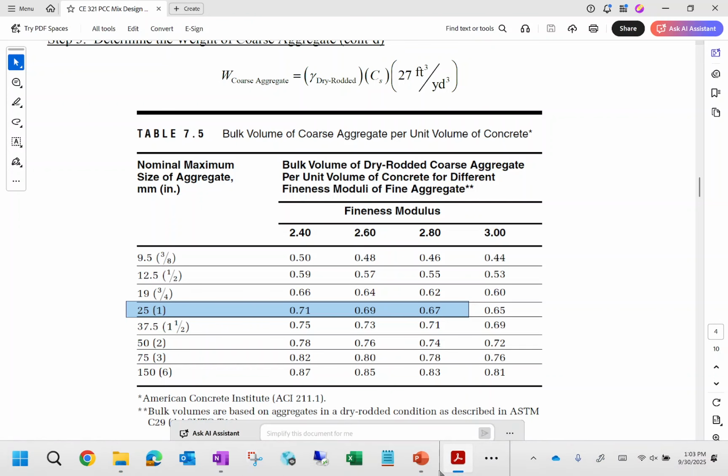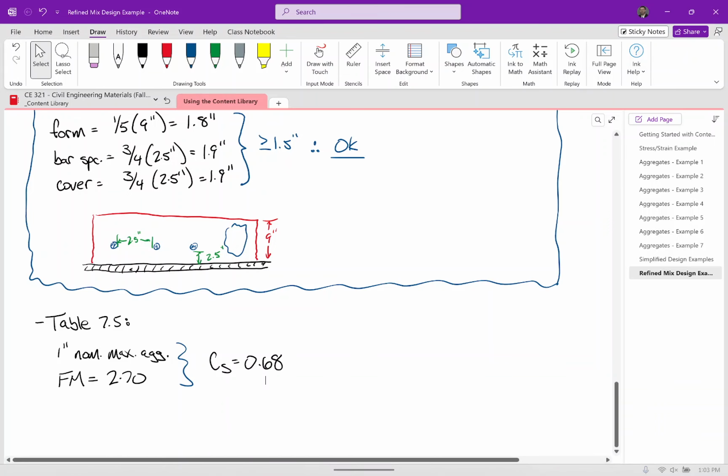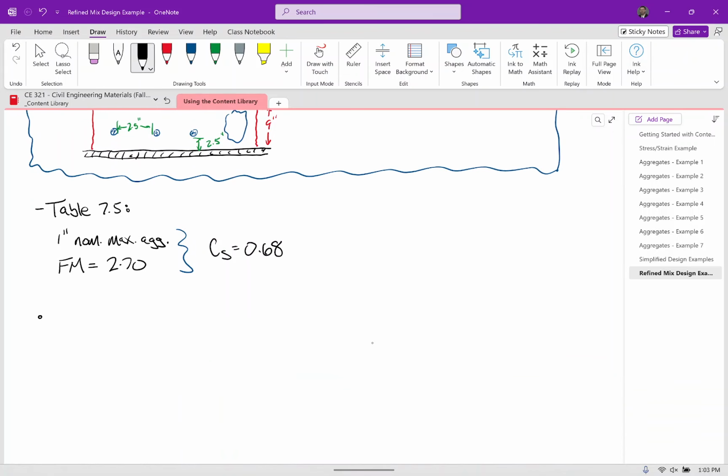So, therefore, my weight of my gravel is going to be the unit weight of the aggregate times however much of it is going to go in this mix times that conversion factor to get it into pounds per cubic yard. Okay?